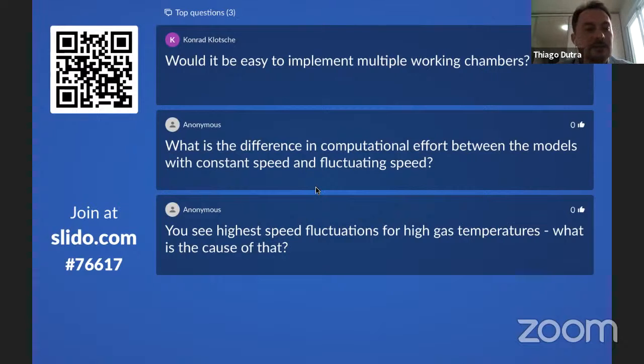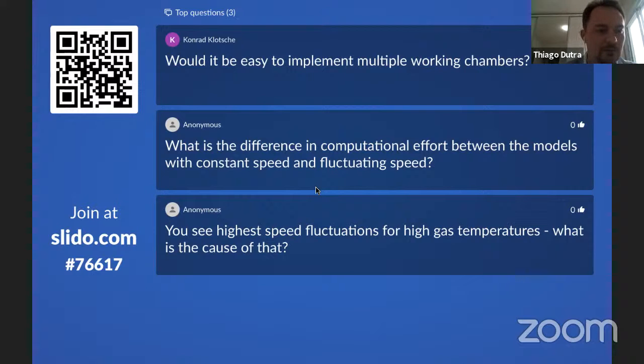Well, I think that now we have time for any further question regarding all the works, not only this work that was presented right now by Matthias. And there is a question actually from Konrad Klotche. I think this question was made at the end of the presentation of Stefan Gobel, but as we had to follow the time schedule, we did not have the opportunity to answer the question.